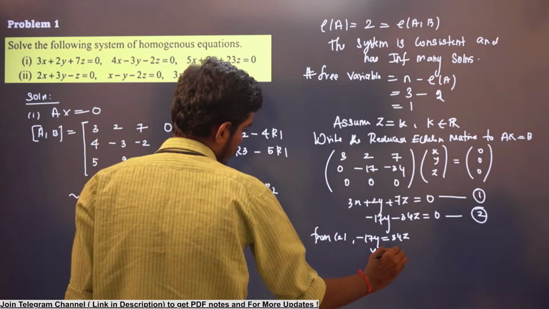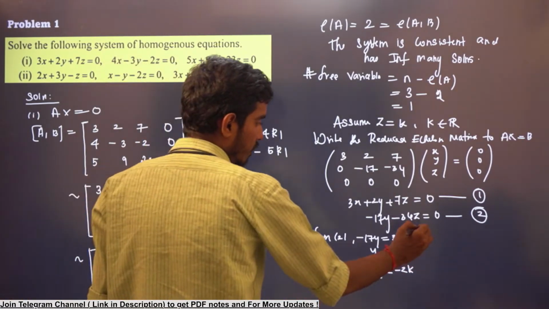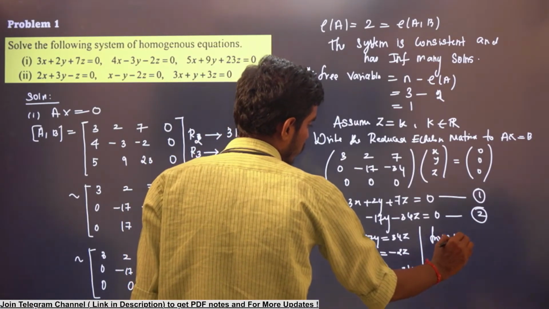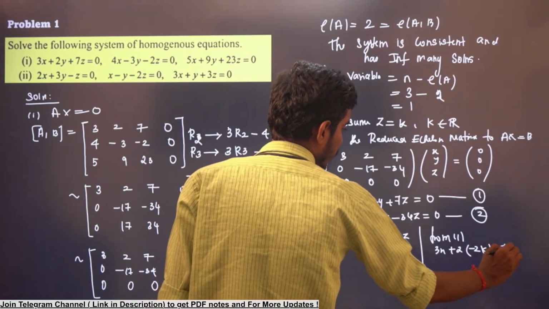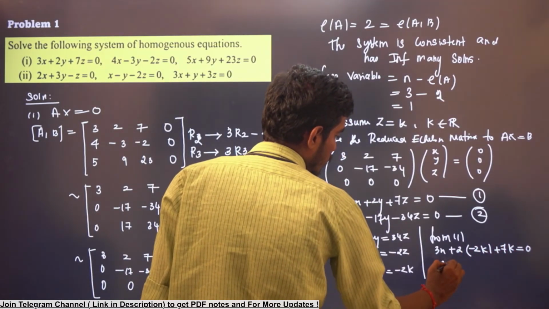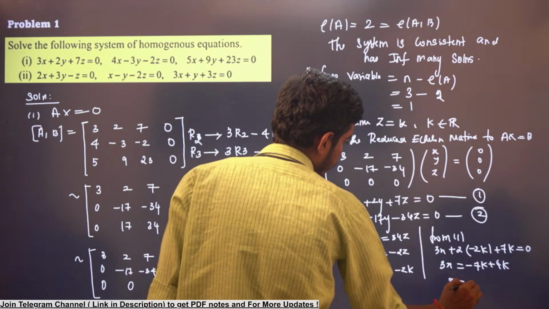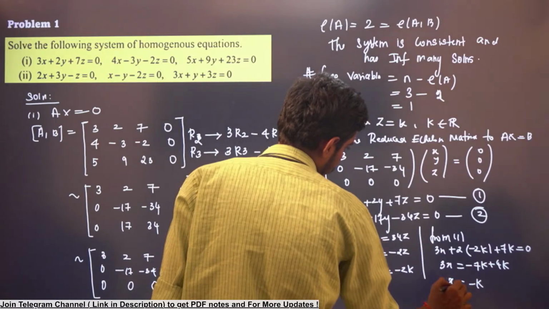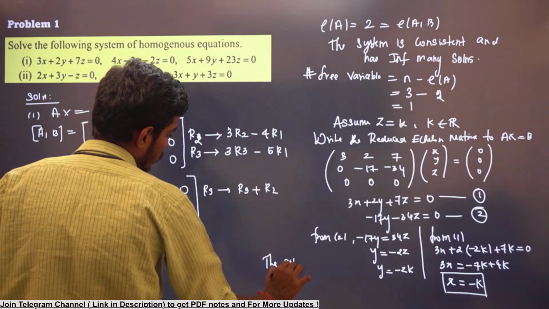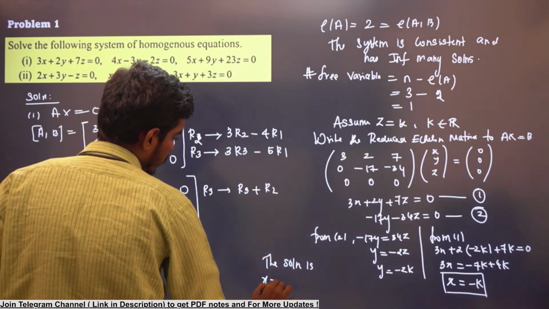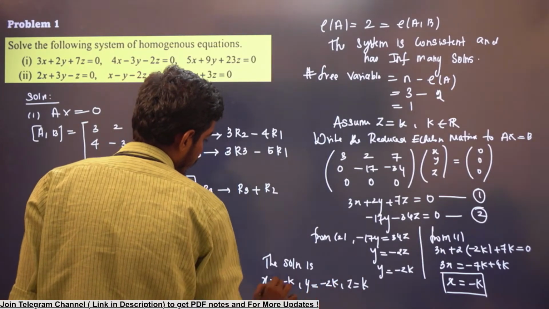So y is minus 2z, and therefore y is minus 2k. And from 1, 3x plus 2 into y plus 7 into k is 0. So 3x is minus 7k plus 4k. So your x is minus k. So therefore the solution is x is equal to minus k, y is equal to minus 2k, z is equal to k.